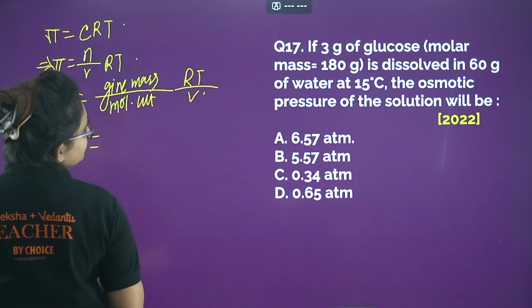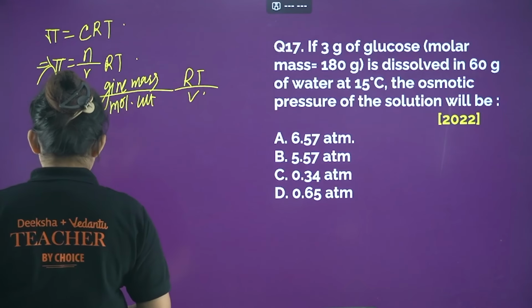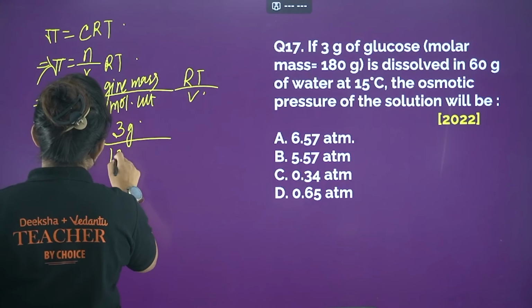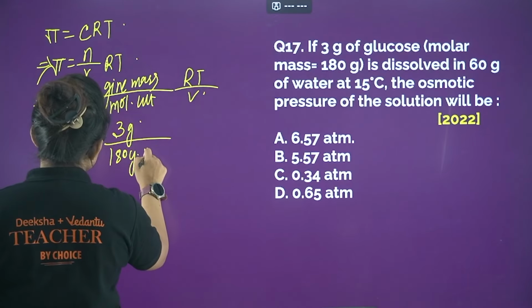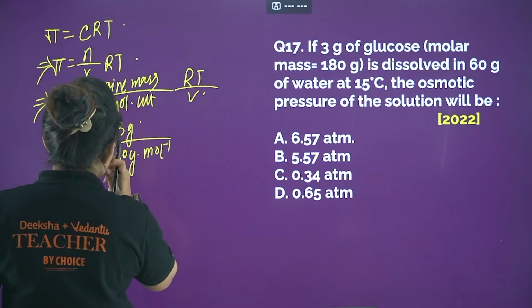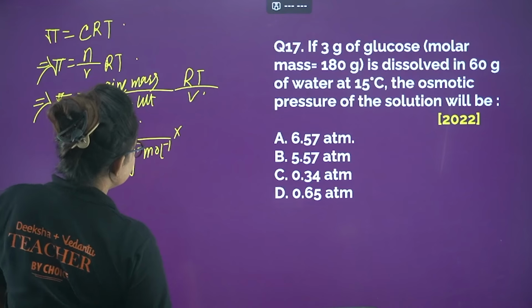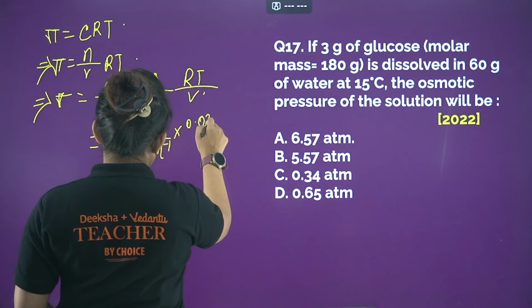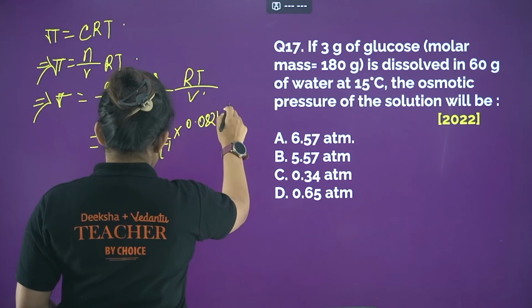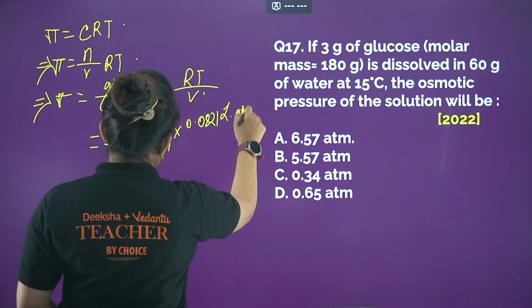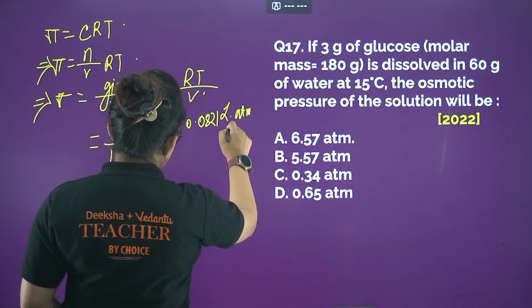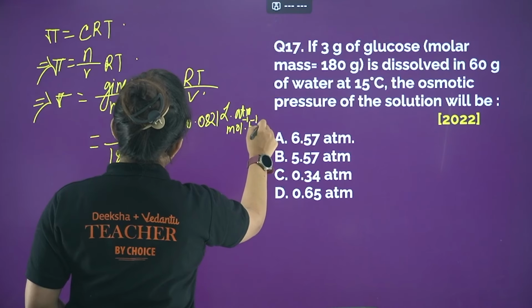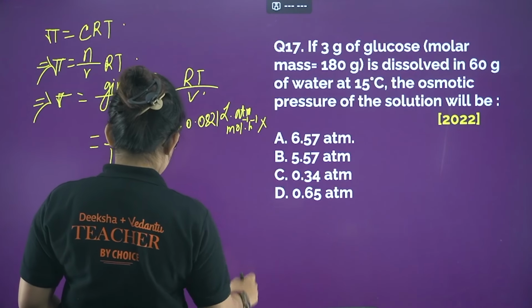Now let's put the values they gave. 3 gram of glucose, 3 gram divided by molecular weight of glucose, 180 gram per mole, into R value, you should take the universal gas constant, it is 0.0821 liter atmosphere per mole per Kelvin, into the temperature.